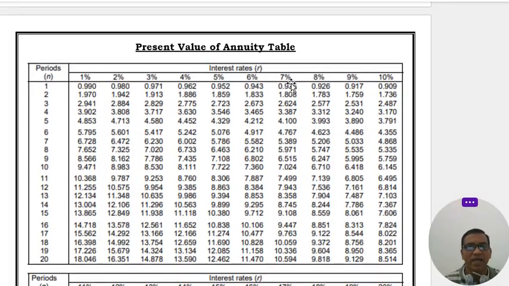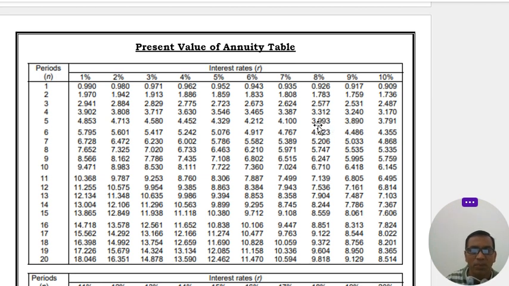In the annuity table, see the fifth year row. In the fifth year row, check one by one where you will get 3.968 or the nearest value. It is not exactly 3.968, but the nearest one is 3.993. The next is 3.890.